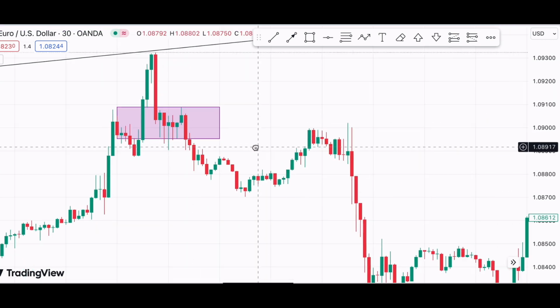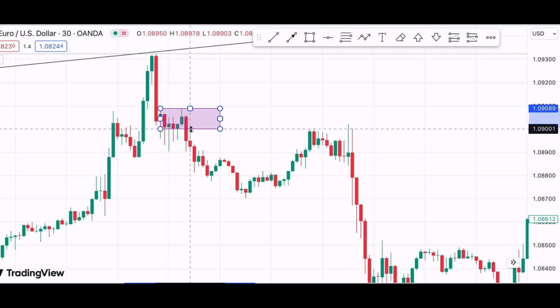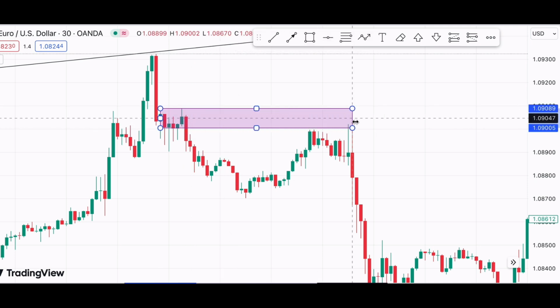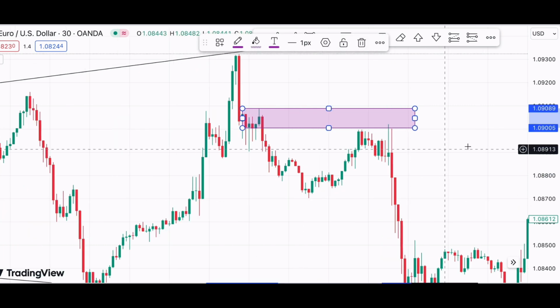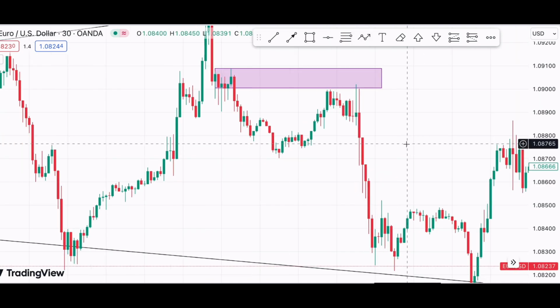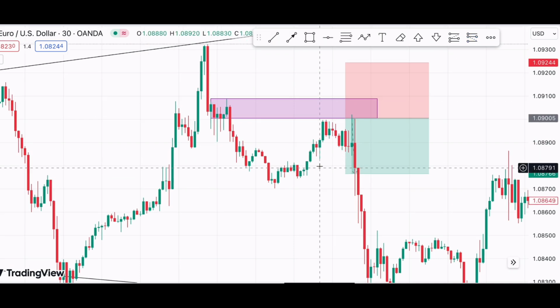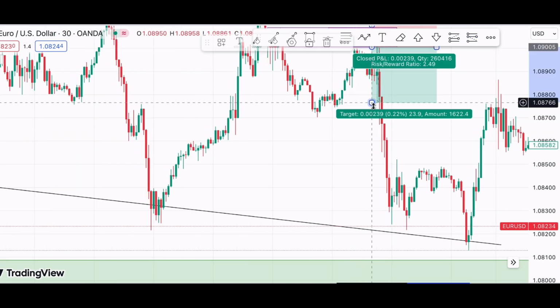M30. Where is our M30 zone? This is the M30 supply zone. When we use the M30 supply zone, once we refine it, it's just 9 pips for this zone. So again, this is where we have our entry, stop loss, and take profit.